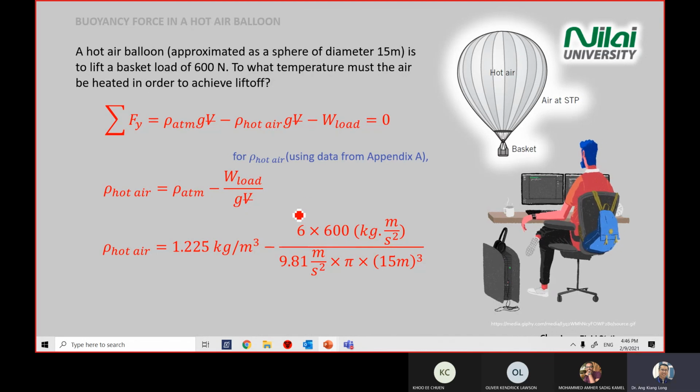So the load is 600, but when you calculate the volume, you need to go and find the sphere volume equation.